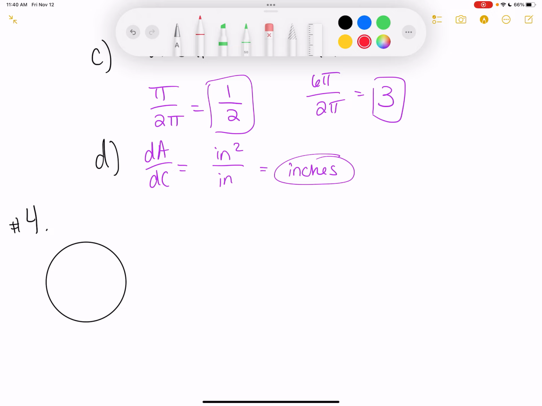Alright, so I have a square inscribed in a circle. The area is of the circle, not inside of the square.